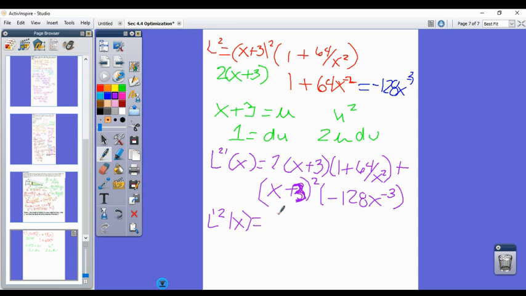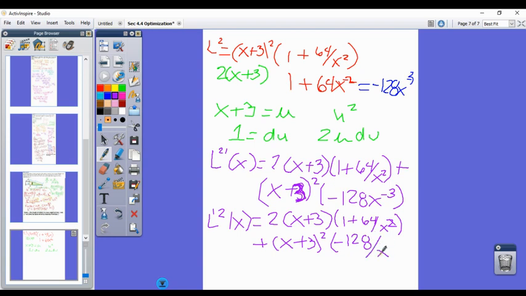So we're getting 2 times x plus 3 times 1 plus 64 x to the negative 2, plus x plus 3 squared. I should change it to a minus, shouldn't I? Yeah, I'll just leave it here right now.